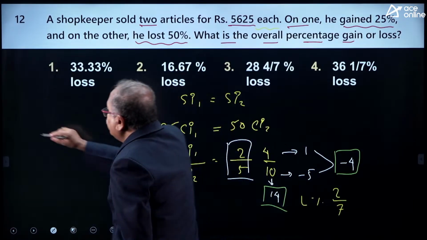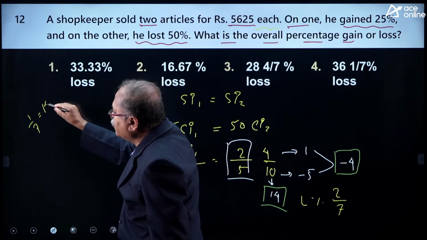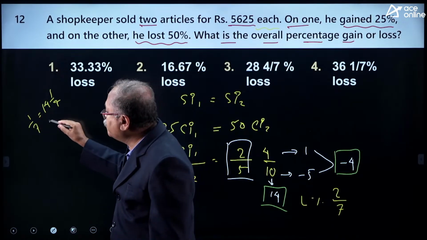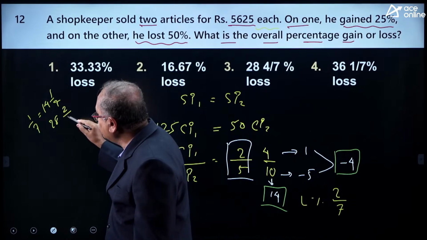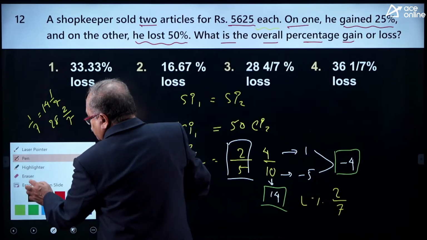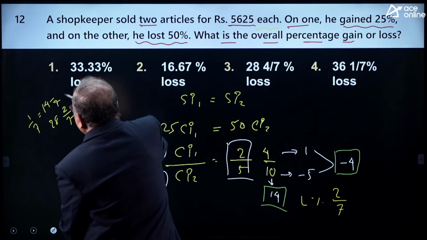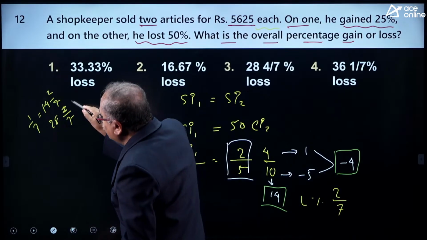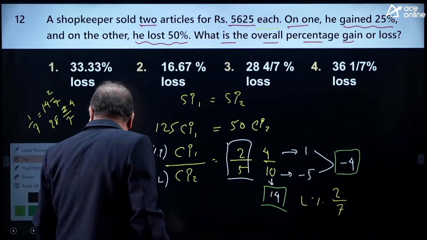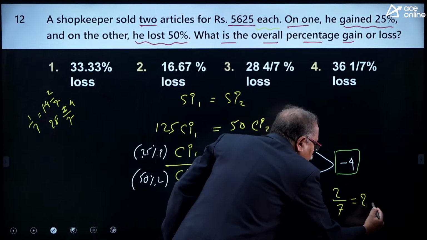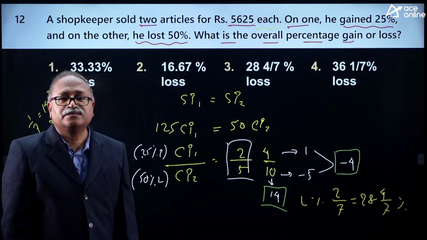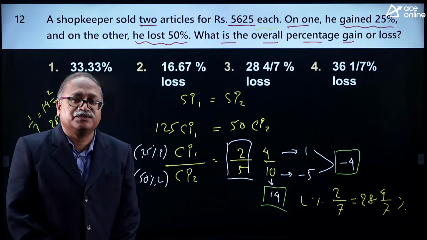And you know that 1 by 7 is equal to 14 1 by 7, and what will be 2 by 7? 28 4 by 7, I am sorry, 1 by 7 is 14 2 by 7, so 2 by 7 is 28 4 by 7 percentage loss. Easiest way to answer the question.